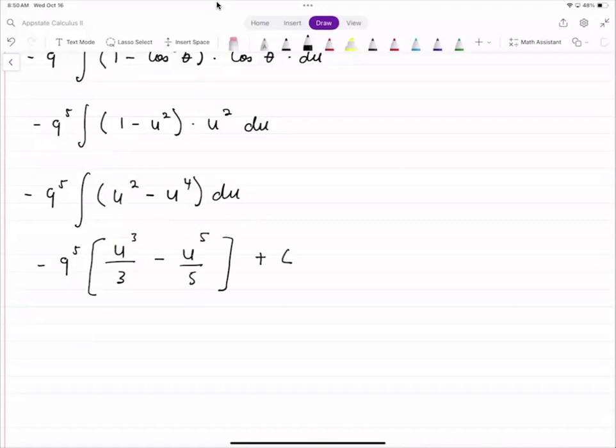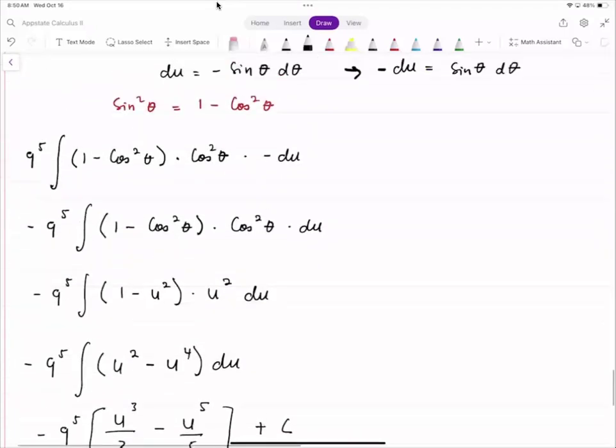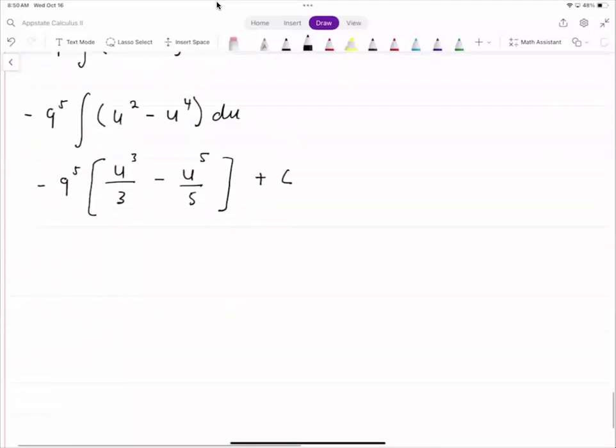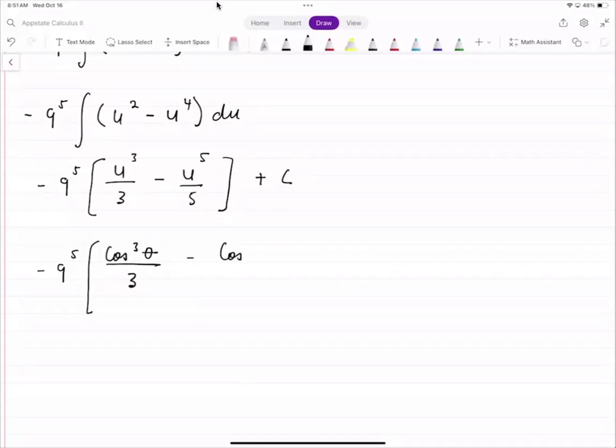And then now, what is our u? We said our u to be cos theta. And so negative 9 to the power 5 should give us cos cubed theta divided by 3 minus cos to the 5th of theta divided by 5 plus c.